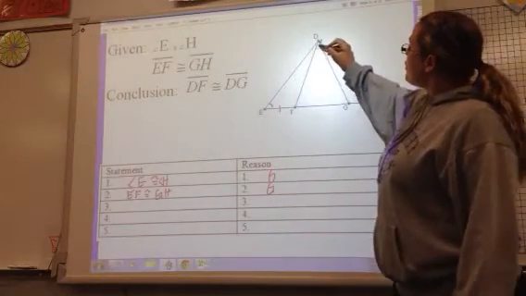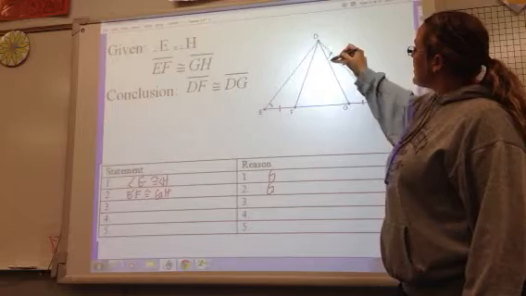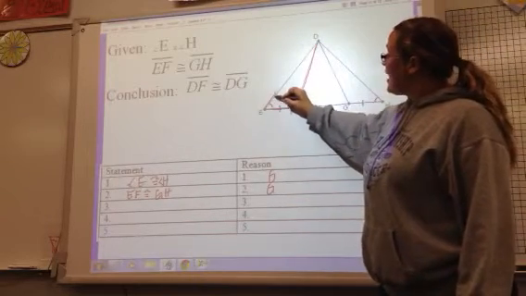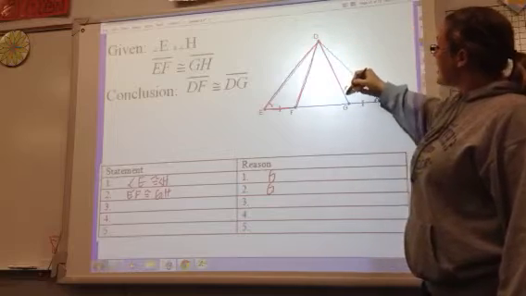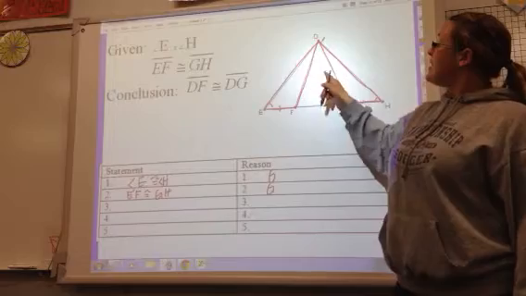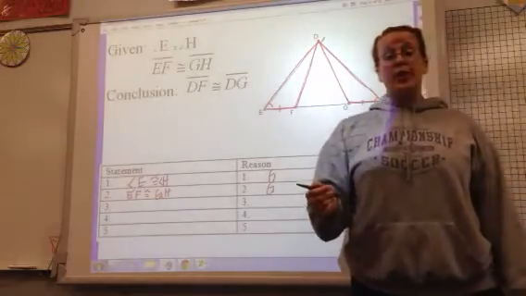Well, I'm trying to prove this is congruent to that. So if I can find a way to say that this triangle is congruent to this triangle, then by CPCTC, those would be congruent.